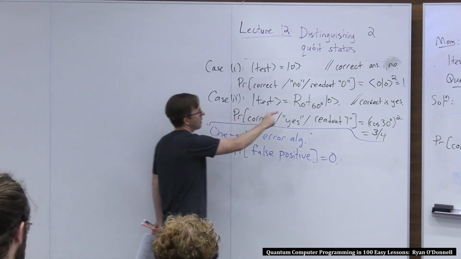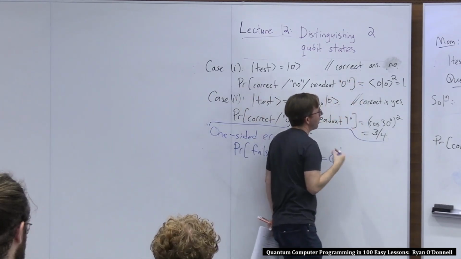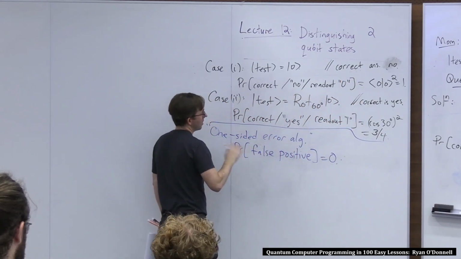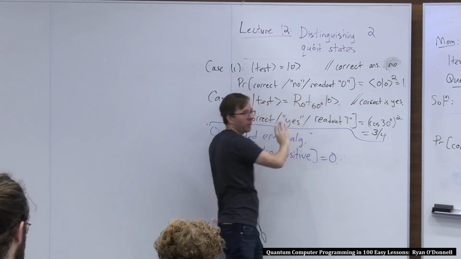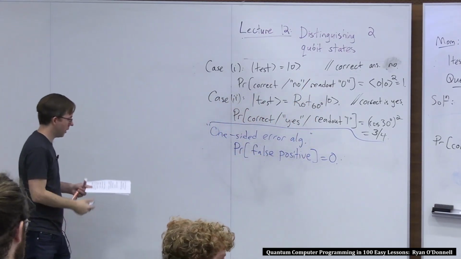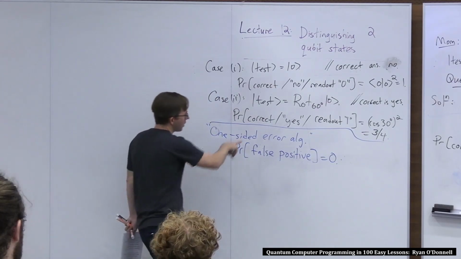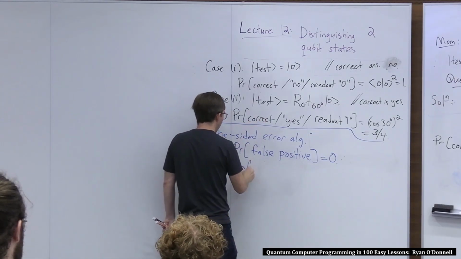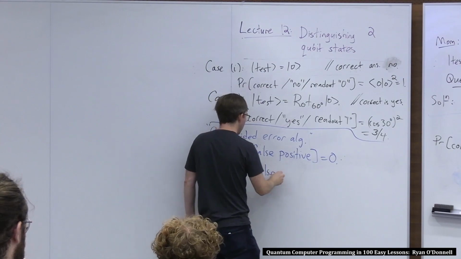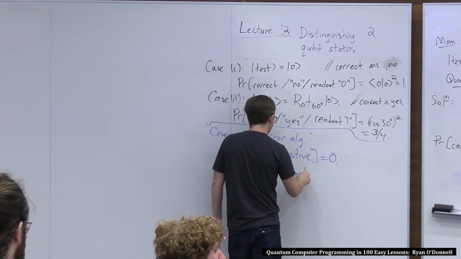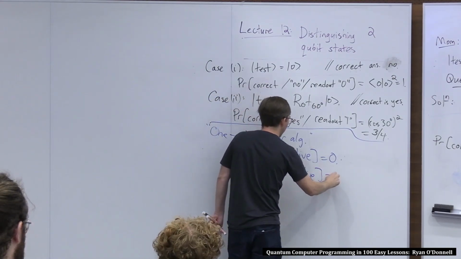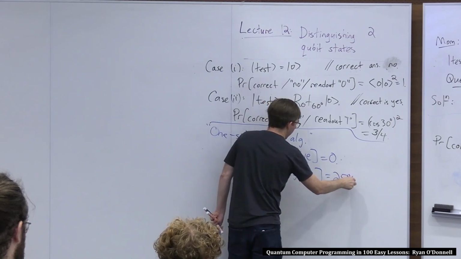Here, that's 0. That's this case. Here, the true answer is no. What's the probability you accidentally say yes? It's nothing. If the true answer is no, we got it perfectly right. So this is like no false positives. And then this one is like a false negative. So in this case, the probability of a false negative is 25%, which is not that bad. It's kind of small.